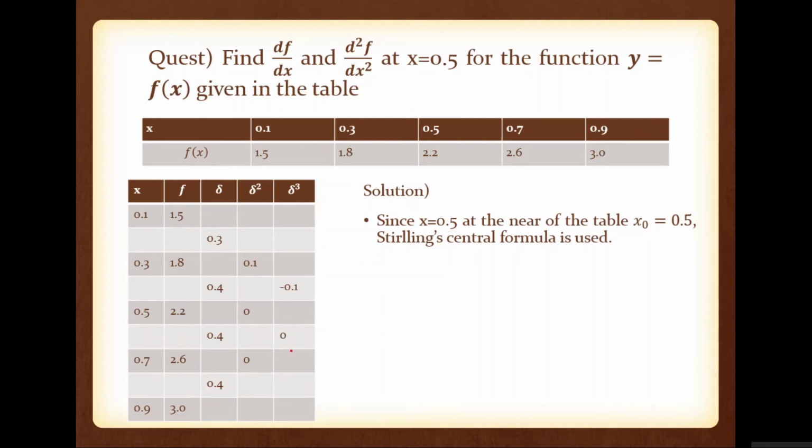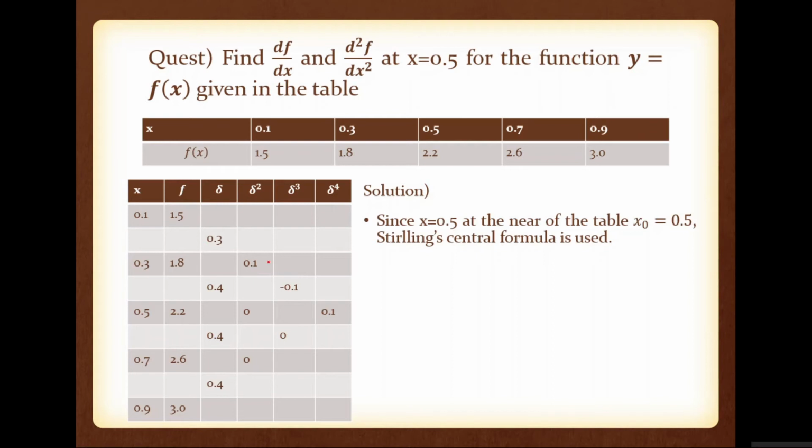Now we can easily find the last column, that is theta raised to 4. So 0 minus minus 0.1. Here also you have to note the sign. This is 0 minus minus 0.1, so we have plus 0.1 here. So this one is the central difference table.